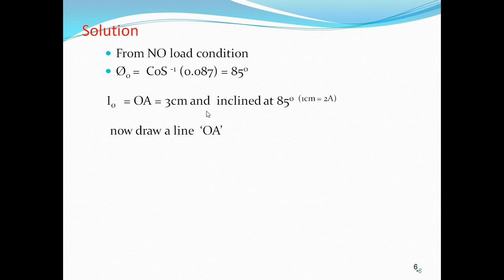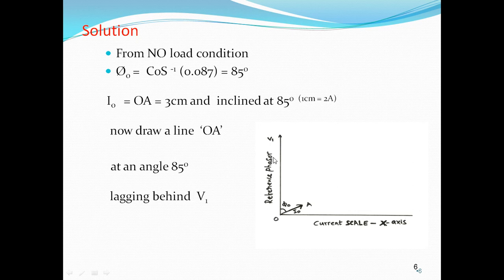Now draw a line OA at an angle of 85 degrees with respect to the y-axis, that is the voltage vector. You can see here this is the y-axis, this is the x-axis, and OA represents I naught, 3 centimeters. How will you draw it?